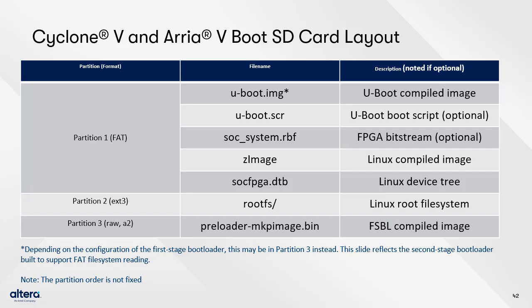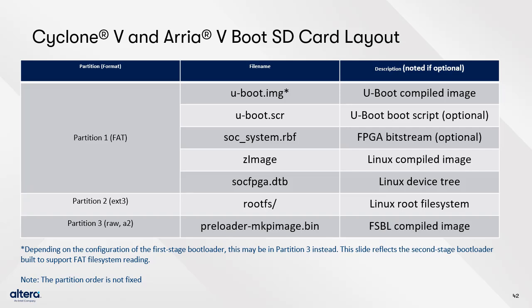Let's concentrate on what goes in each one. In the raw partition 3 shown at the bottom, you will put your compiled first stage bootloader. In partition 1, you will put the compiled U-boot image, which is the second stage bootloader. Note that the second stage bootloader might show up in the raw partition if the first stage bootloader is not configured to be able to read FAT file partitions.